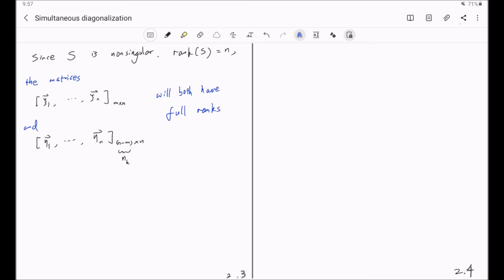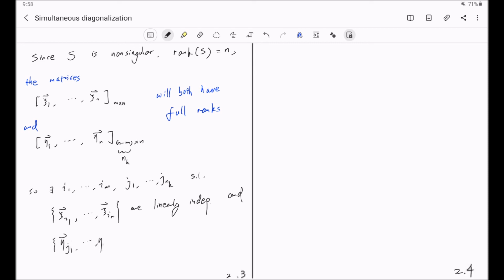What does this tell you? This tells you, by linear algebra, that there exist i sub 1 through i sub m, j sub 1 through j sub nk, such that c sub i1 through c sub im are linearly independent, and eta sub j1 through eta sub jnk will also be linearly independent.